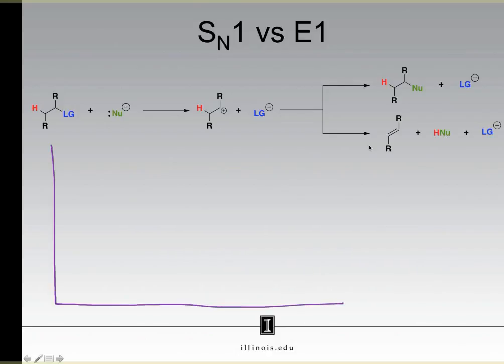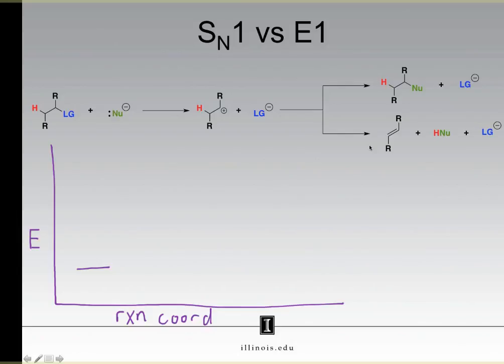let us draw a reaction coordinate diagram. Remember that a reaction coordinate diagram is essentially a graph showing the progress of a reaction. Our reaction starts with our substrate and our nucleophile at some energy.